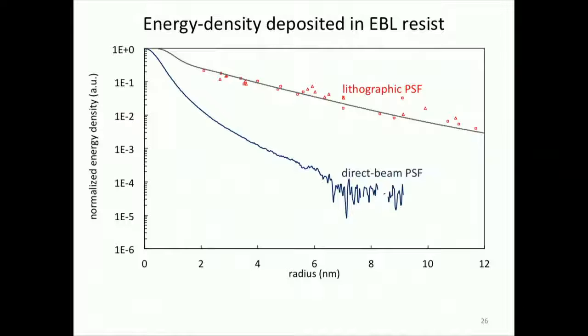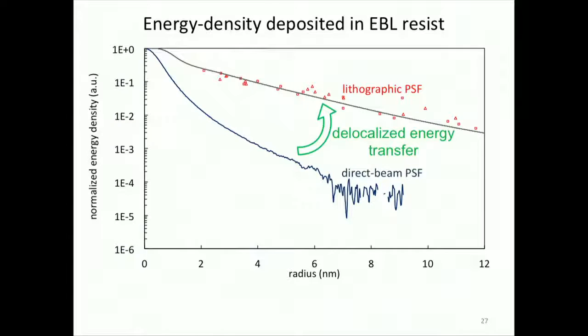So going on, I'm going to try to put everything together here. We want to understand the energy density deposited in the resist by electron beam lithography. Here I plotted again the lithographic PSF with a fitting function. And I also plotted in blue the direct-beam PSF that I measured before. And you see there's quite a big difference between them.